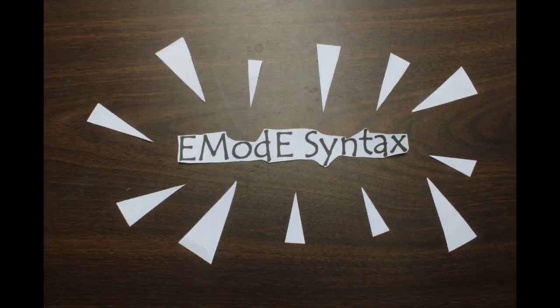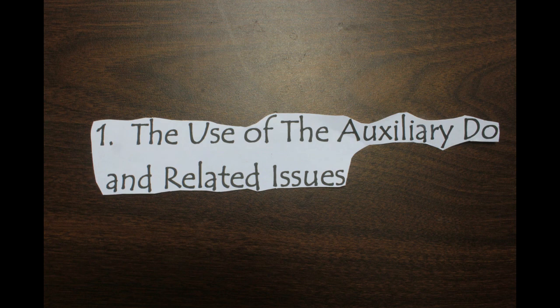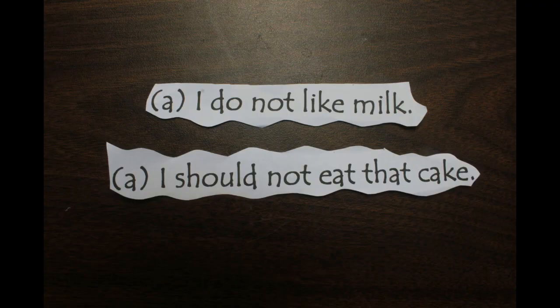Early modern English syntax. The use of the auxiliary do and related issues. Here is the example. I do not like milk and I should not eat that cake. In the first sentence, do is used to express negation. It is a dummy auxiliary because it doesn't add anything to the meaning of the sentence.